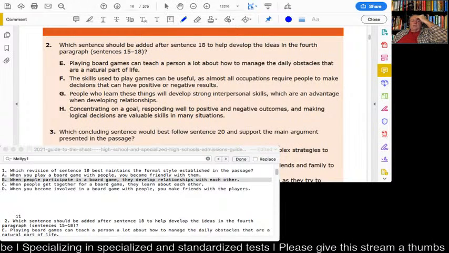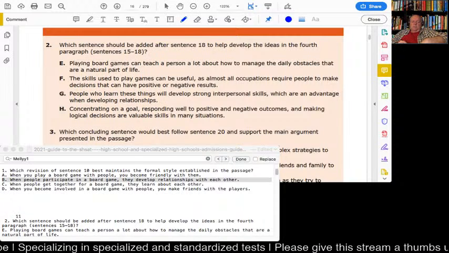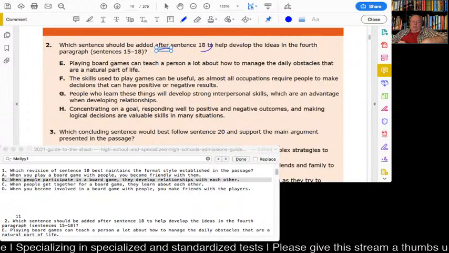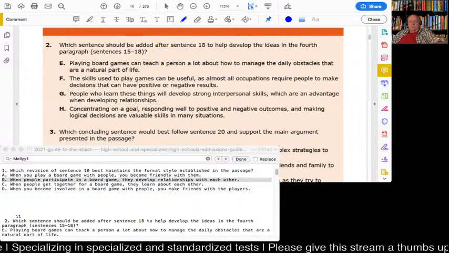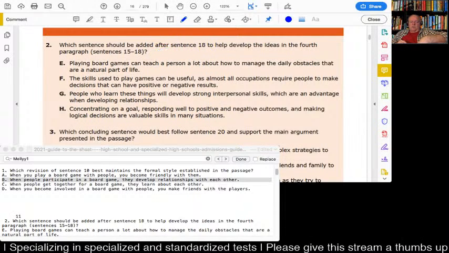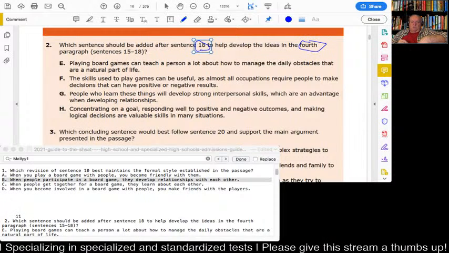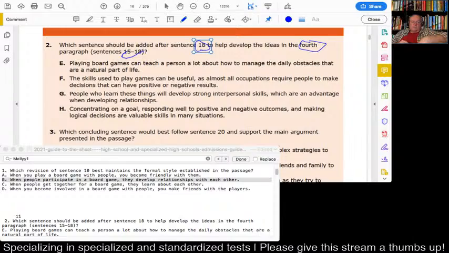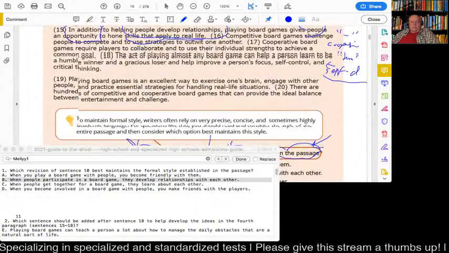Which sentence should be added after 18 to help develop the ideas in the 4th paragraph? And then they give you a hint that it's actually 15 to 18 as well.